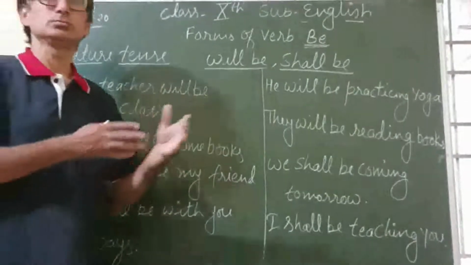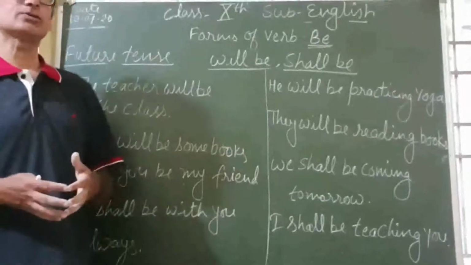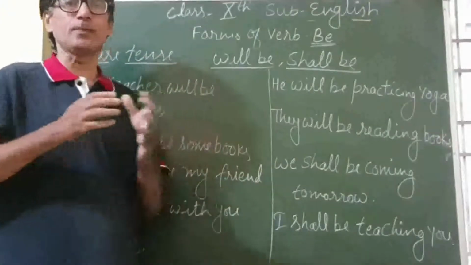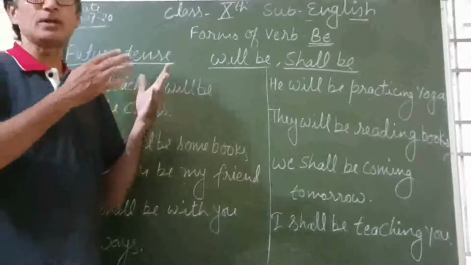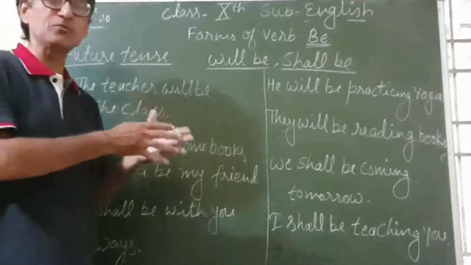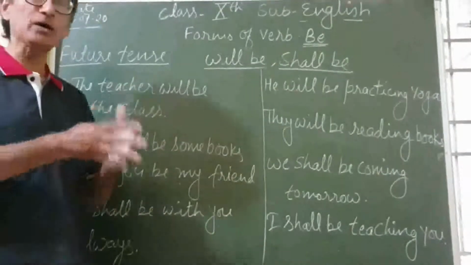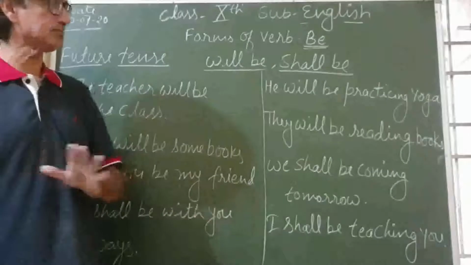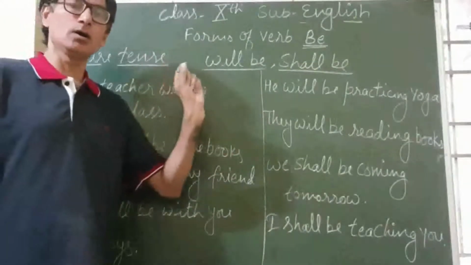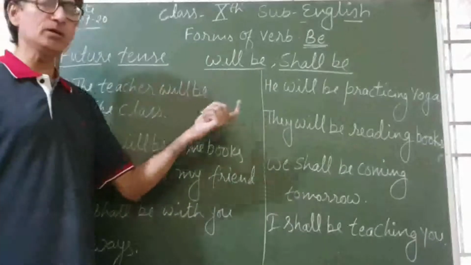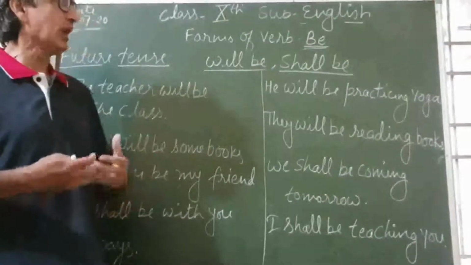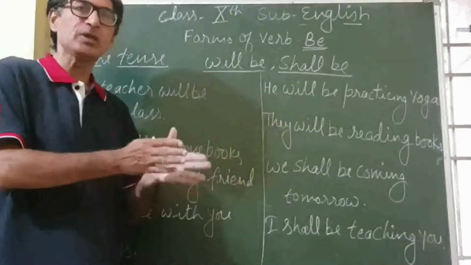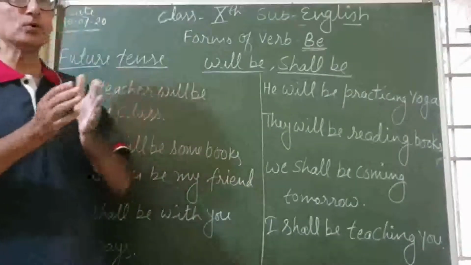As I told you in the previous class during my lecture on the topic tenses, in the present tense and the past tense, all the forms, present indefinite, present continuous, present perfect, present perfect continuous, or past indefinite, past continuous, past perfect, or past perfect continuous, in these two forms of the tenses, we decide the use of helping verb on the basis of the number of the subject. Means the subject is singular number or plural number.